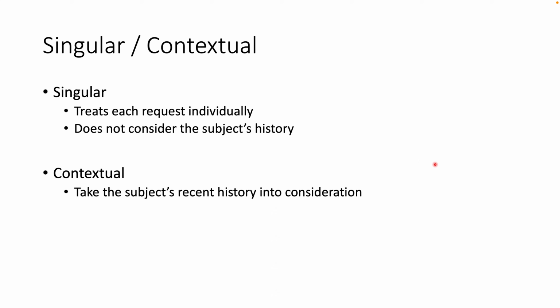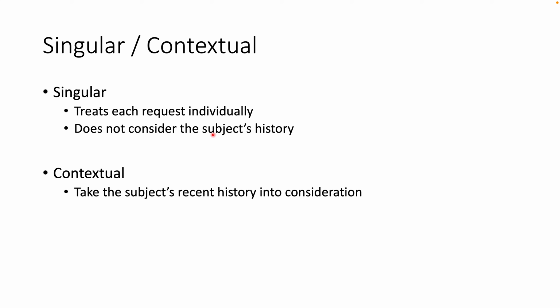The second perspective to design a trust algorithm is from the way of checking the request, singularly or contextually. A singular trust algorithm treats each request individually and does not take the subject's history into consideration when making its evaluation.